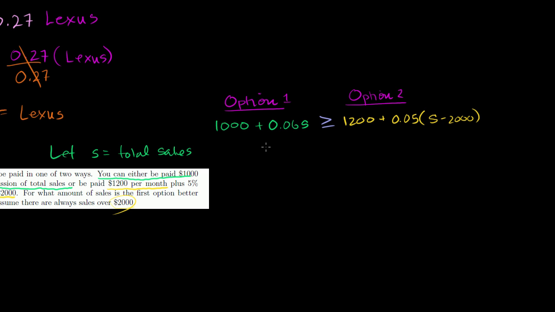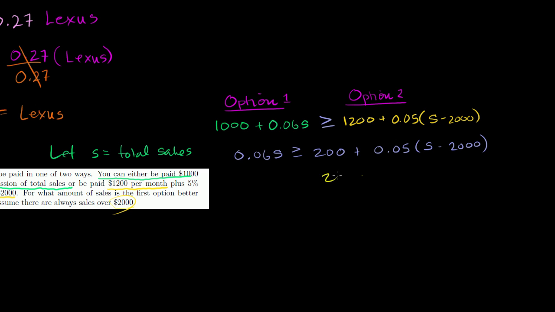Let me subtract 1,000 from both sides. On the left-hand side you're just left with 0.06s, which is greater than or equal to 200 plus 0.05 times s minus 2,000. I probably want to multiply that out.